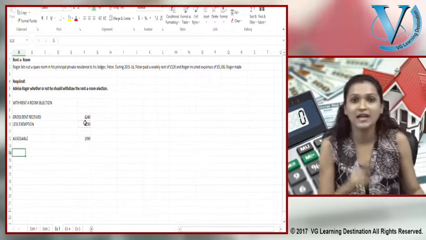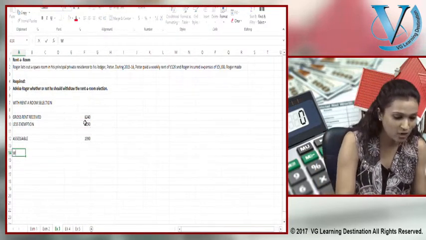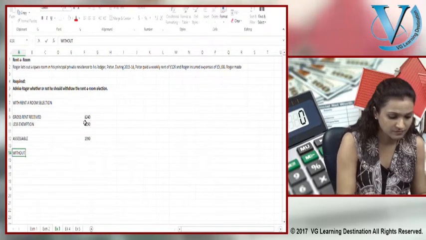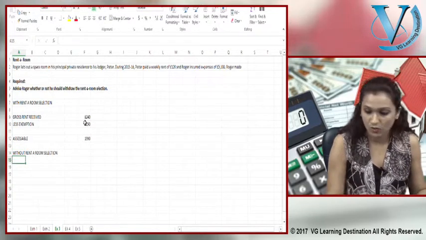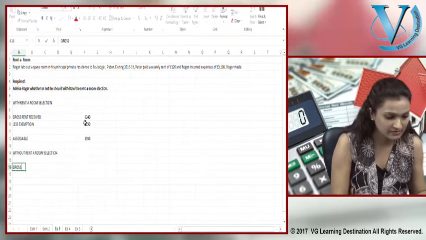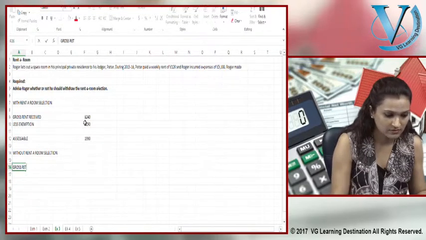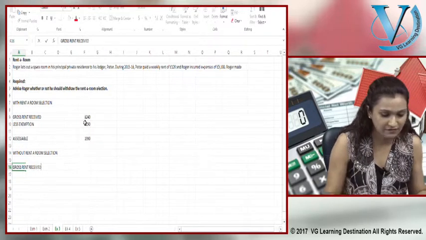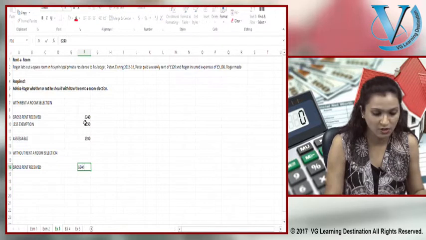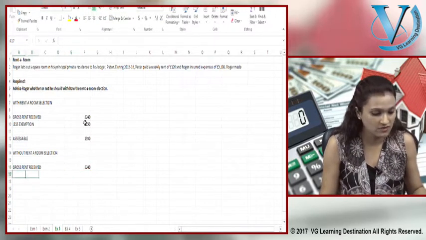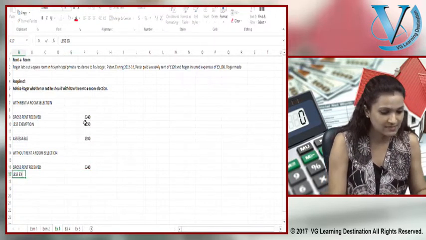Now let's have a look at the other option, which is without rent a room selection. The gross rent received is the same, £6,240. What you can do now is claim the expenses.